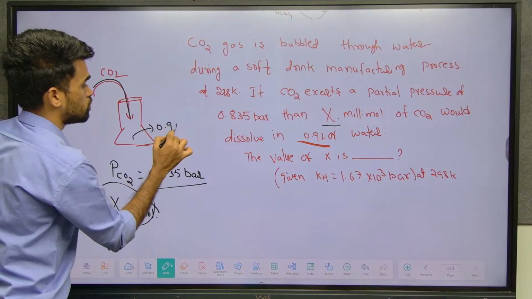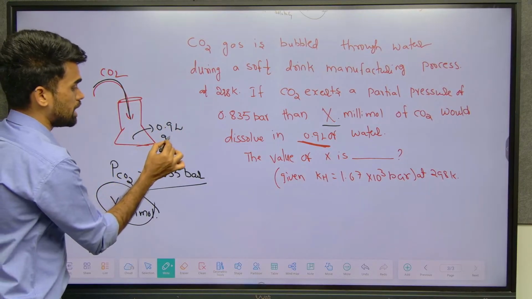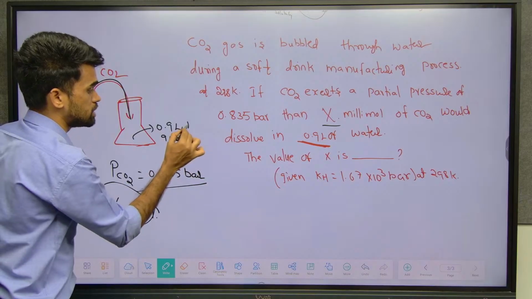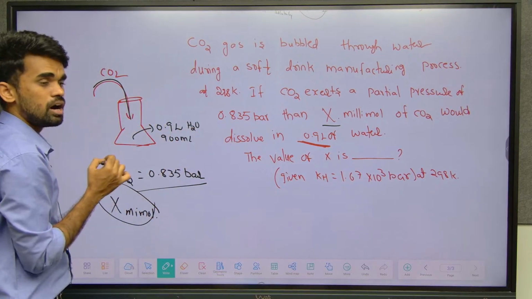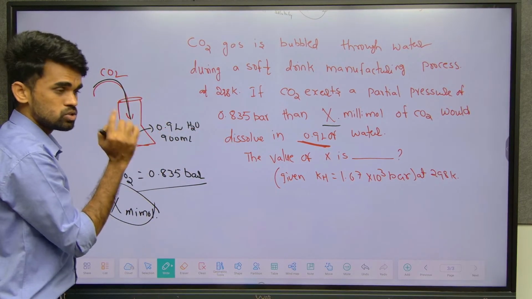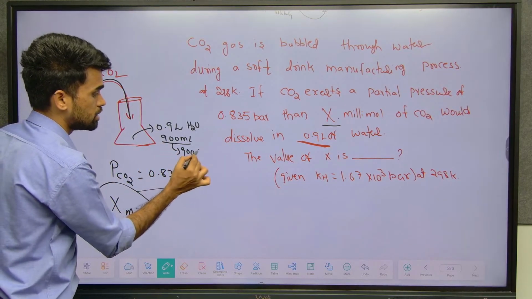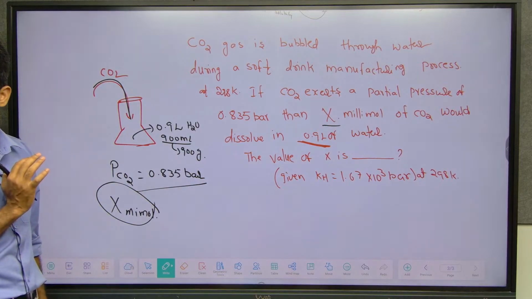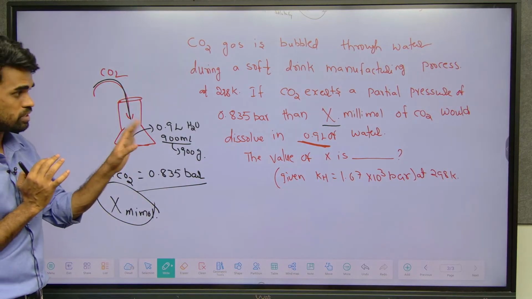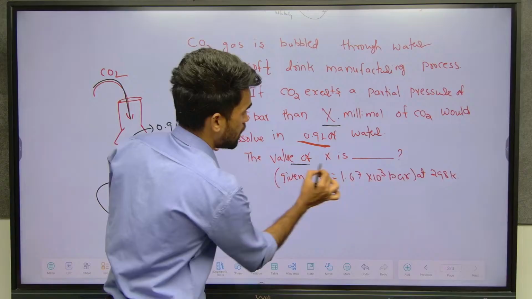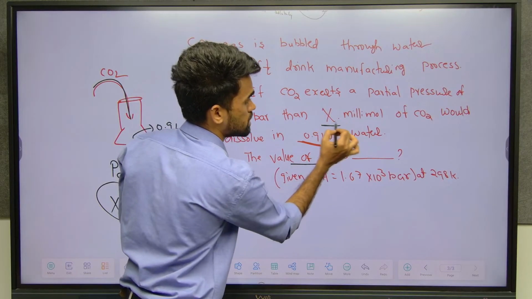Water provided is 0.9 liters, or I can simply write it as 900 ml of H2O. Water density is 1, so instead of 900 ml, I can also write it as 900 grams. Do you have any issue with this? No. Then next, the value of X: how many millimoles of CO2 dissolved, they are asking.